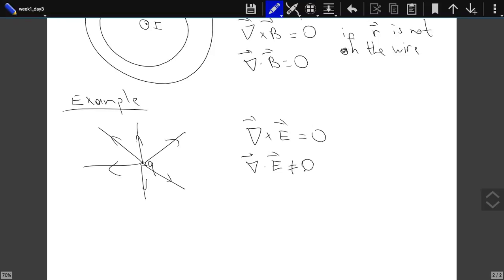Again, the electric field is diverging from the point r equal to 0. The divergence of the electric field is equal to 0 if r is not equal to 0. If we evaluate this divergence, we will get 0 unless we are evaluating at this point.